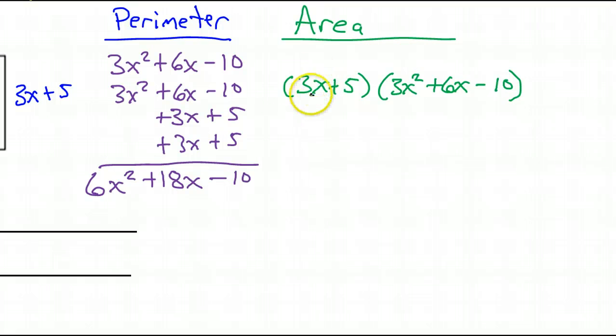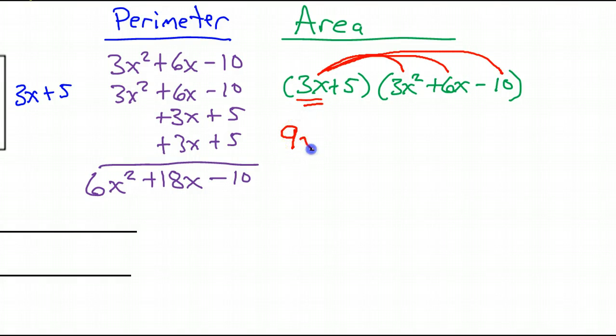So we have to take this 3x. Ignore the 5. Pretend like the 5's not there for now. We're going to take this 3x and multiply it by all three of these things. So 3x times 3x squared, that's going to give us 9x to the third power. 3x times 6x, 3 times 6 is 18, and then x times x is x squared, so 18x squared.